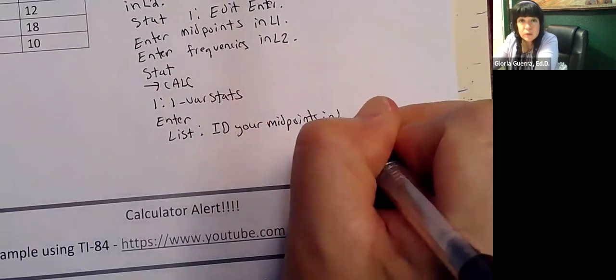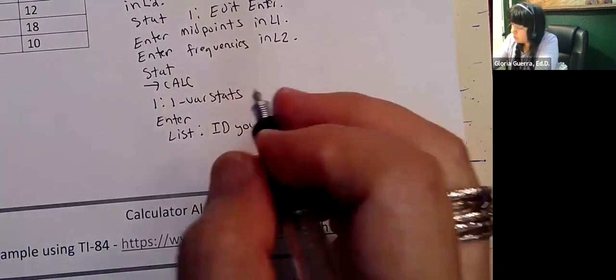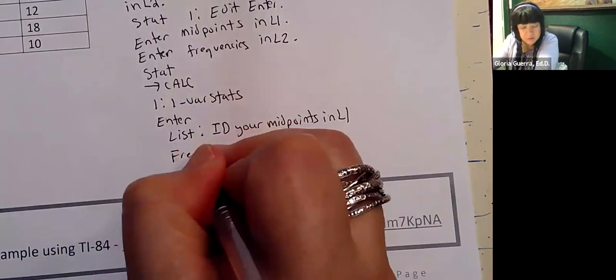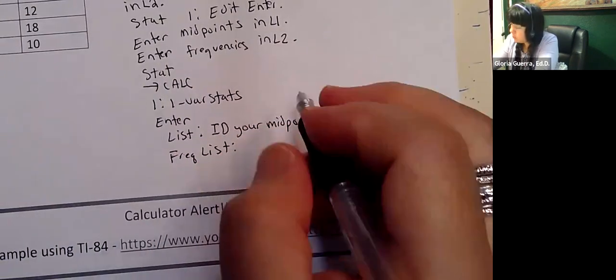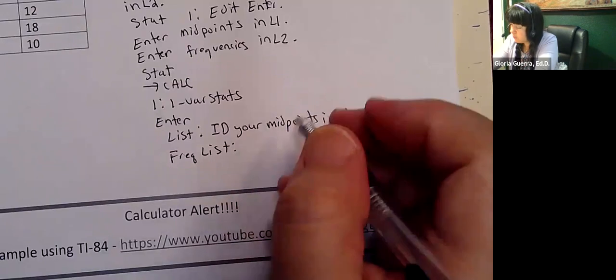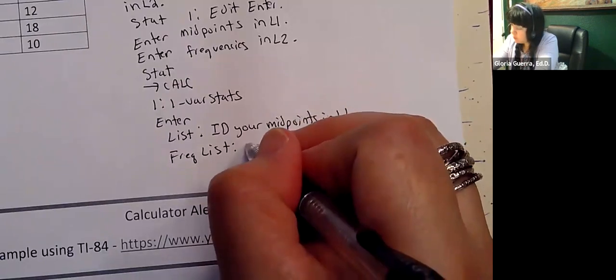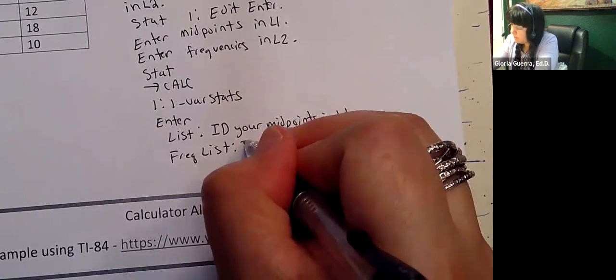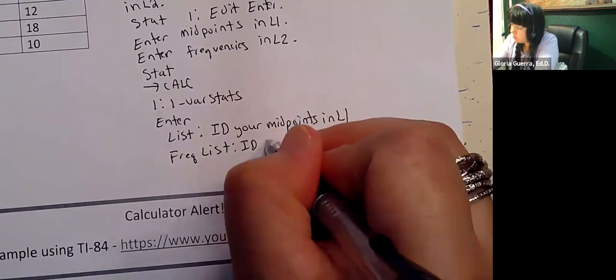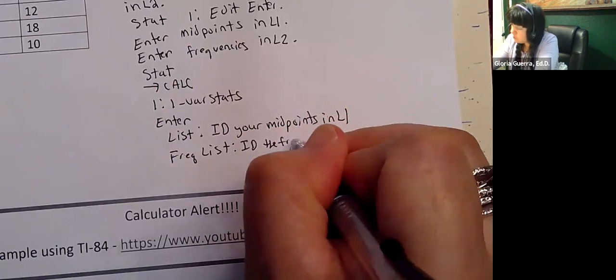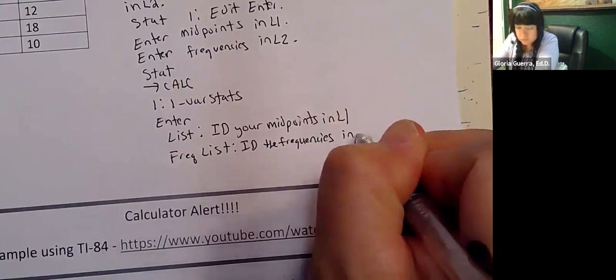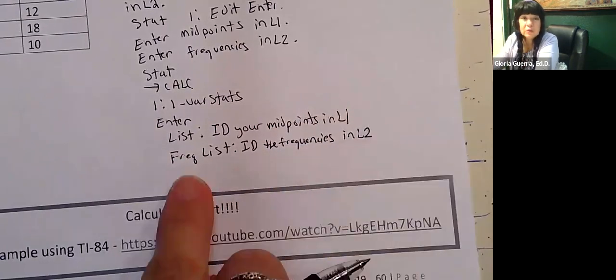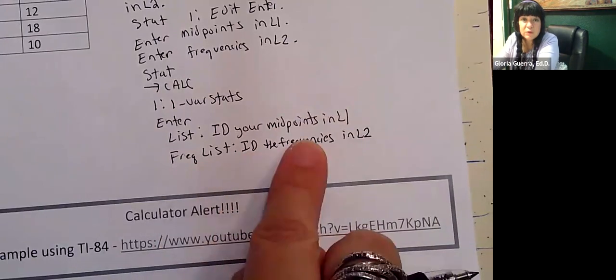in L1. And then remember how we had previously talked about leaving the frequency blank? Well, not here, not in group frequency data. We're going to have to ID the frequencies in L2, which makes sense because this is a frequency list.